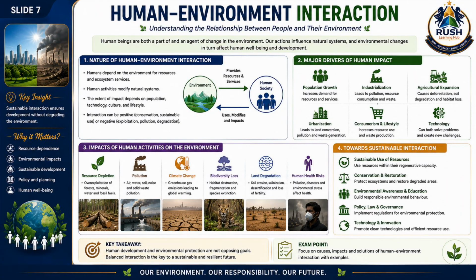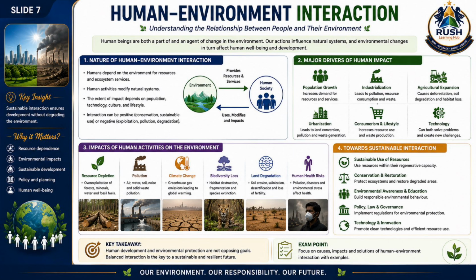The second driver is industrialization. Industrial activities contribute to air pollution, water pollution, soil contamination, greenhouse gas emissions, and waste generation. Although industries support economic development, they can also create environmental challenges if not properly managed.